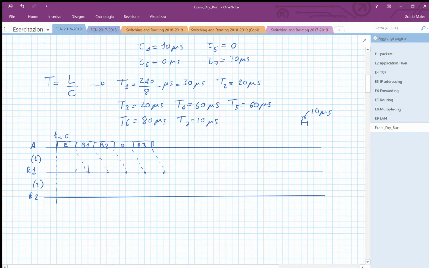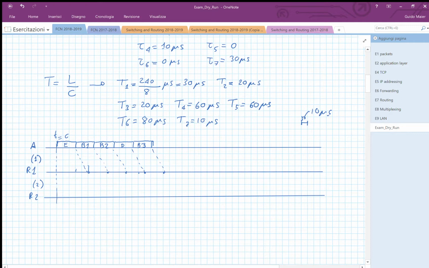They are transmitted immediately after they have been completely received. The transmission time on link number 2 is 20 microseconds. Since the duration of the packets received from the source A was 30 microseconds, we don't have any queuing delay in this interface.